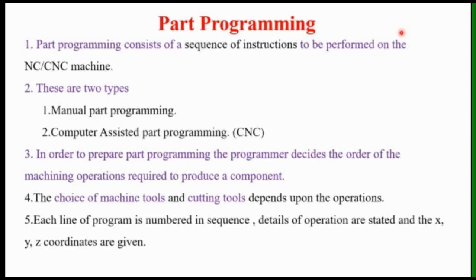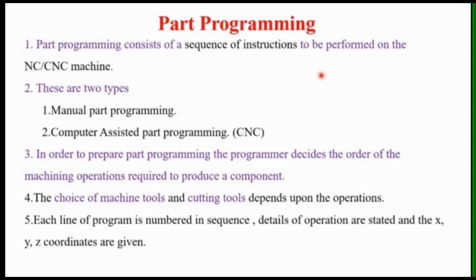Part programming is the procedure by which we follow the sequence of processing steps to be performed on the machine. This machine should perform this sequence of operations. Also, part programming involves the preparation of a punched tape or other input medium used to transmit the processing instructions to the NC machine tool.